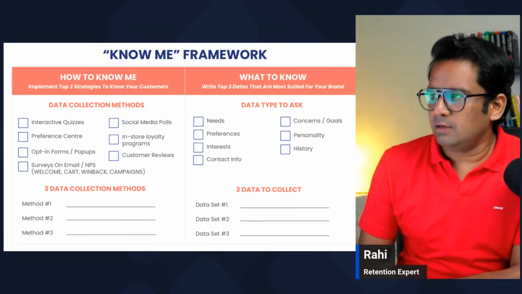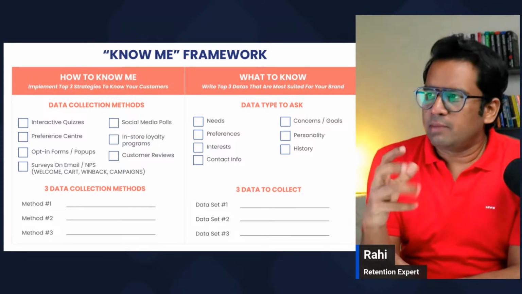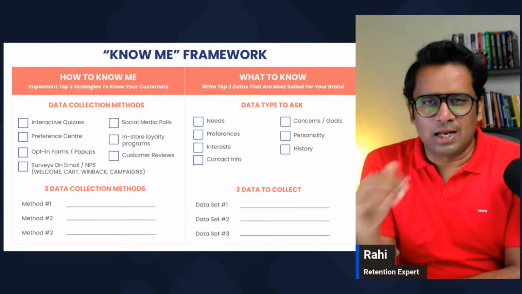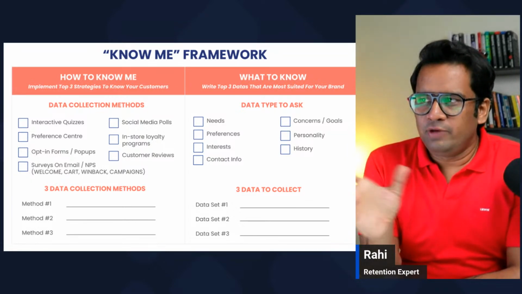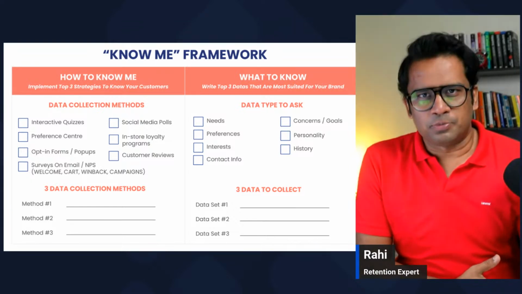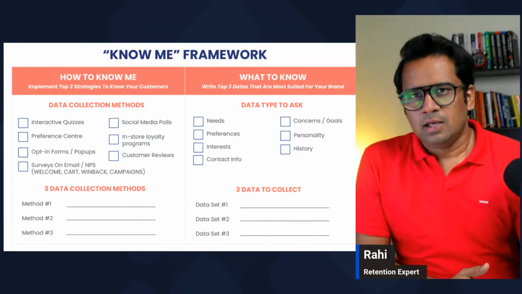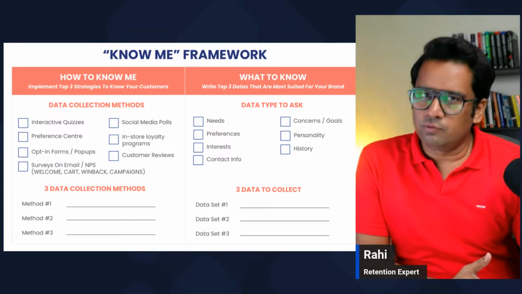And starting with the Know Me framework. So in Know Me, if we go one by one, Know Me is whatever we can do to know the customer. And in this, we typically ask for three strategies. We have given like 7 or 8 options over here in the framework, but the idea is to go with three. First roll out the three which you feel are most relevant for your brand.